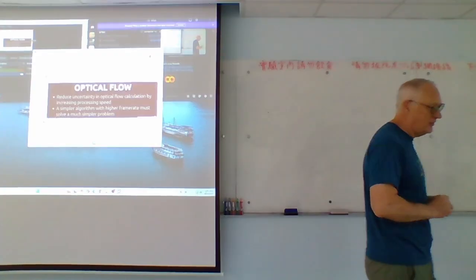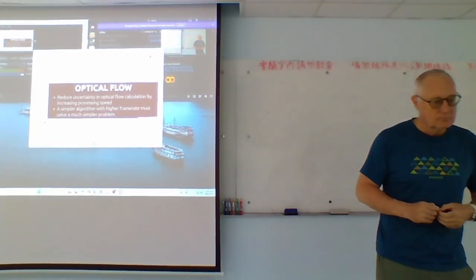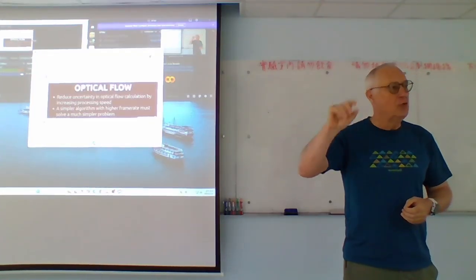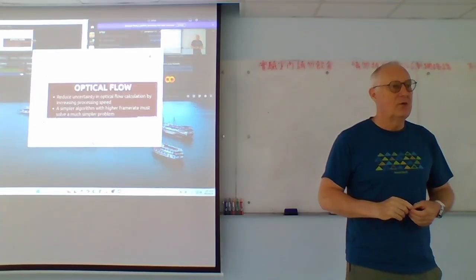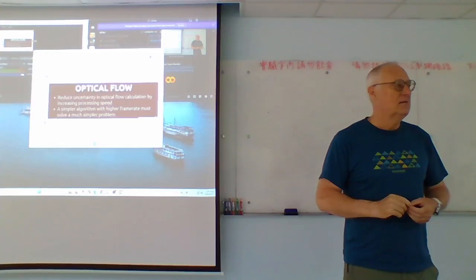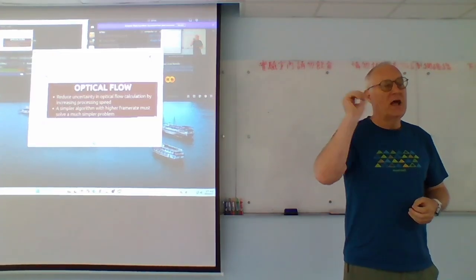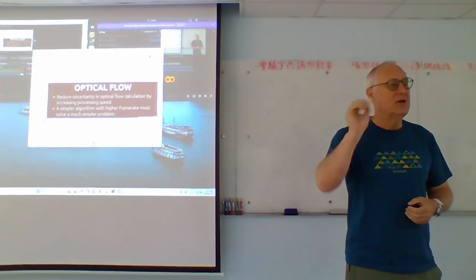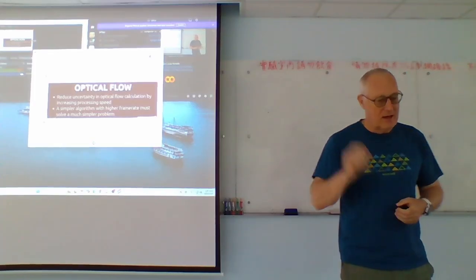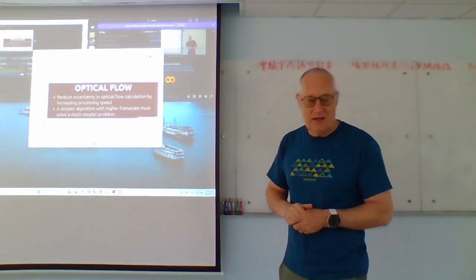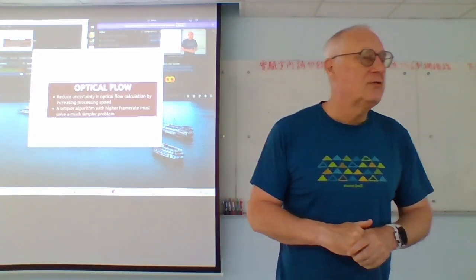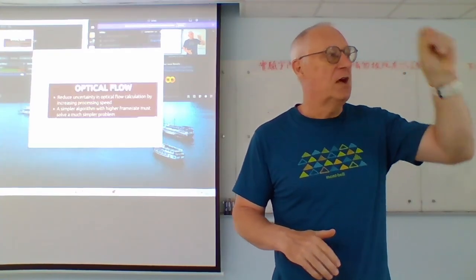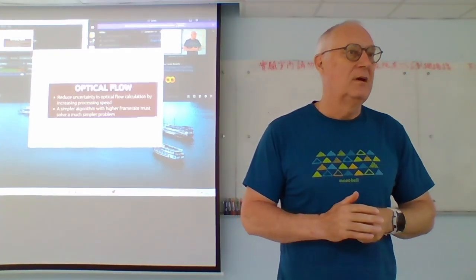Optical flow is interesting because if you think about it, what we're trying to do is track the movement of the pixels, right? And if you could actually read your camera image at 1,000 frames per second, then optical flow would be trivial, because for every pixel you just need to look at one of 9 neighbors.